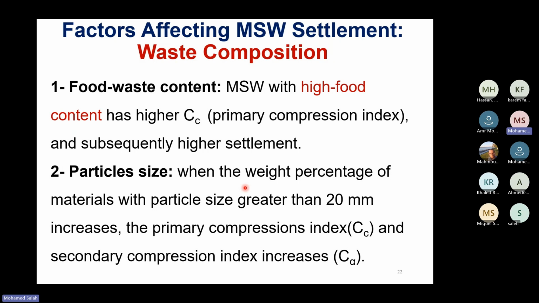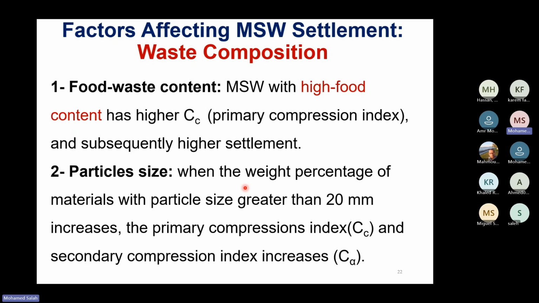The second factor regarding the waste composition is the particle size. If the percentage by weight of materials with a particle size greater than 20 millimeter increases, the primary compression index C_c for the waste and the secondary compression index C_alpha will increase.